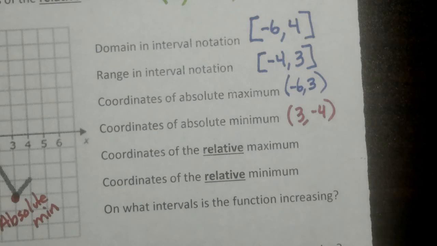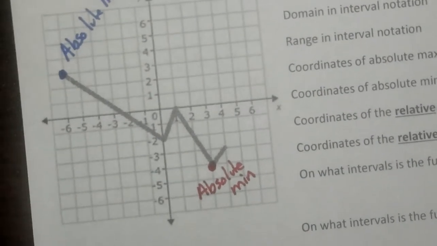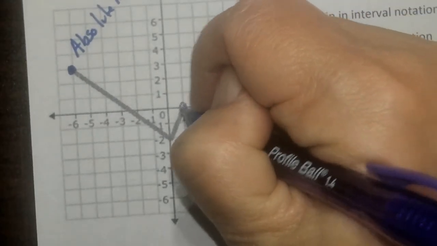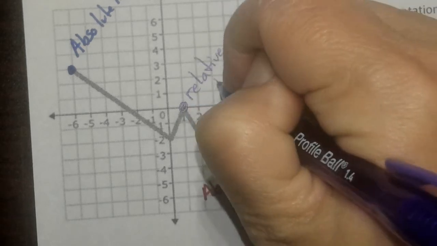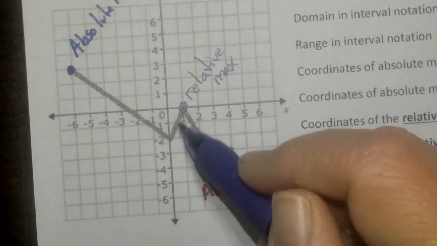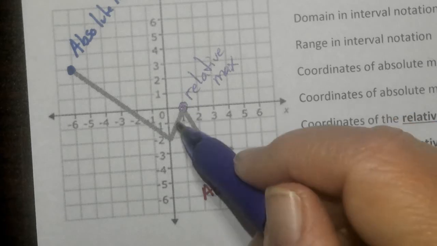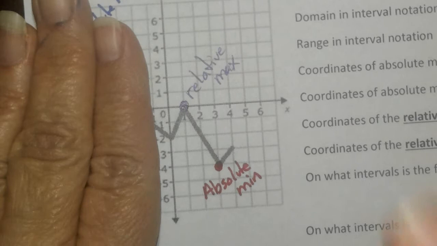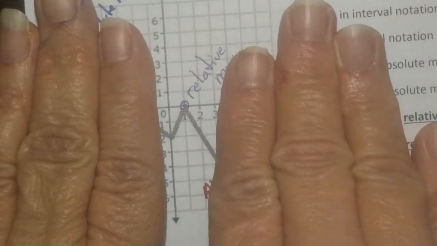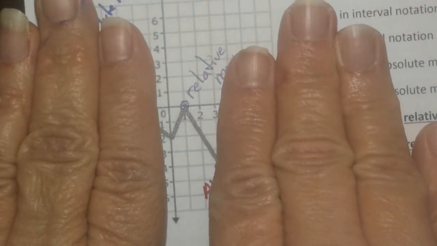Okay, then we're going to look for a relative maximum. So this graph, unlike the other graph, didn't have a relative maximum, but this one has a relative maximum at this point here. Relative max. It's the highest point in that area. So if I don't look here and I don't look here, now that's the highest point.